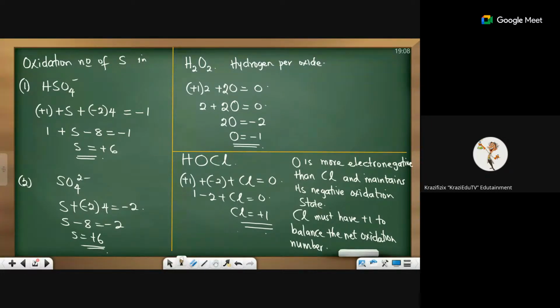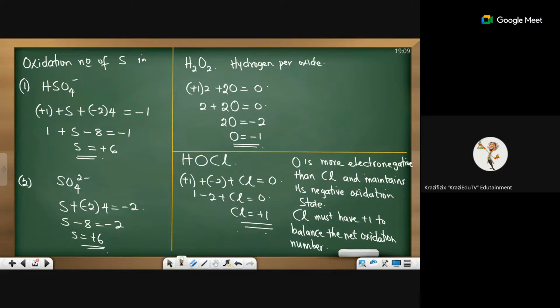Hydrogen peroxide, oxidation number of oxygen is -1 as opposed to being -2. I hope we are looking good together.